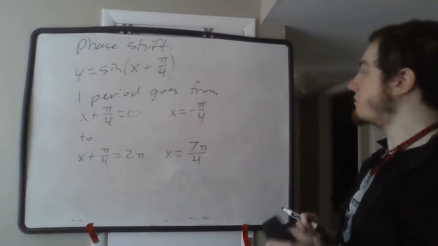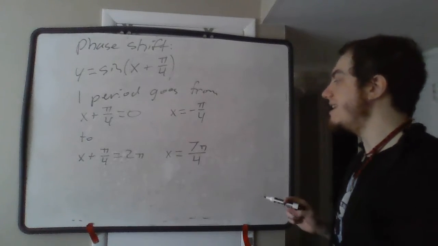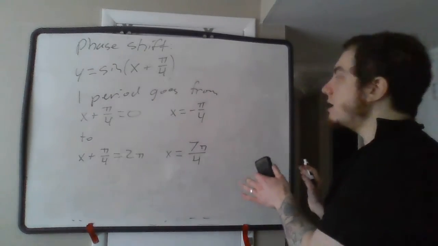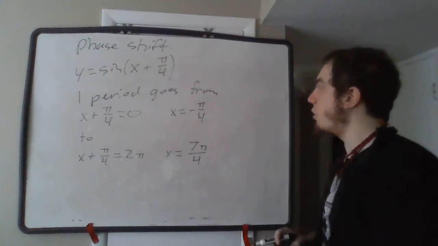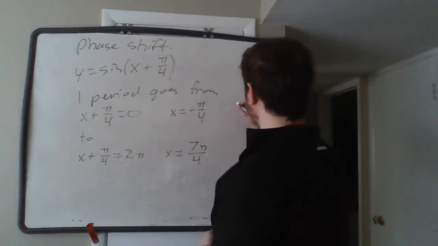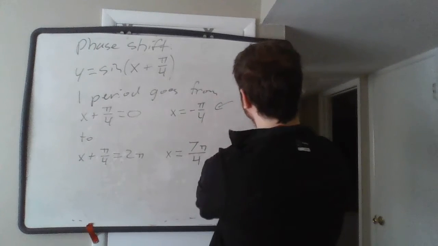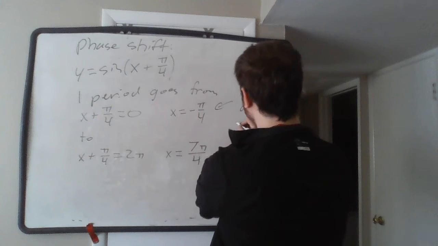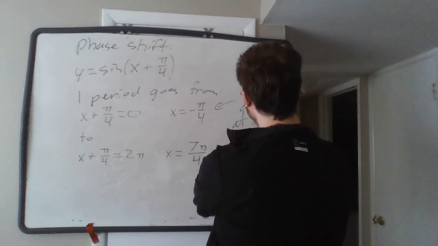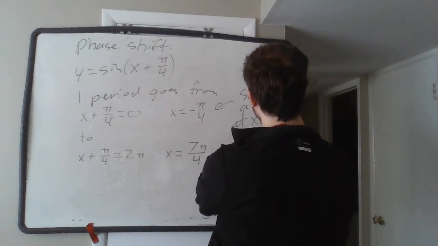So what does this mean for our graph? All it means is that everything is going to get shifted to the left by pi over 4. In other words, we start a cycle at x equals minus pi over 4.